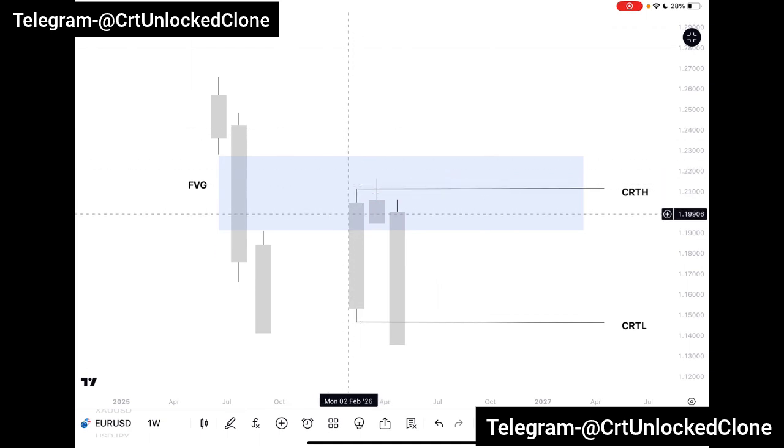After the CRT candle formed, the manipulation candle manipulated, which means purged, the high of the CRT candle. Even though it manipulated the high of the CRT candle, the manipulation candle was inside the key level FVG and has not gone outside. After this manipulation candle, the distribution candle started distributing.